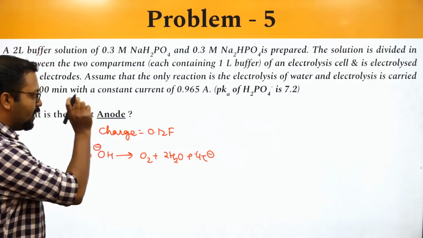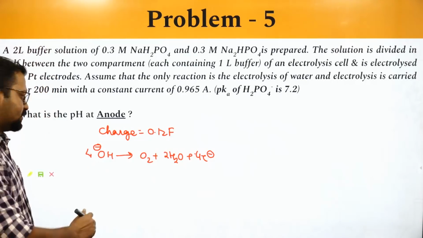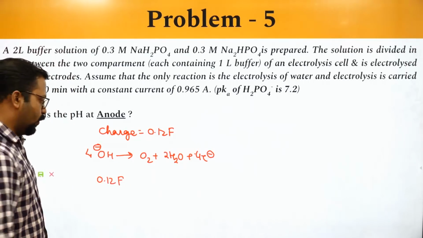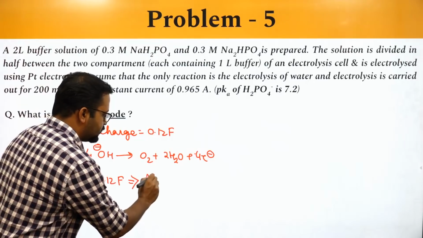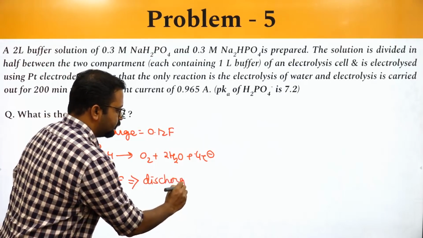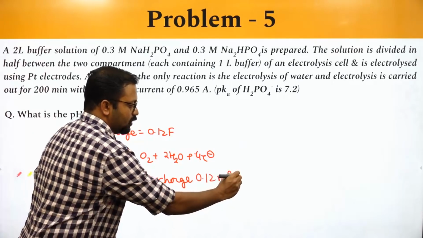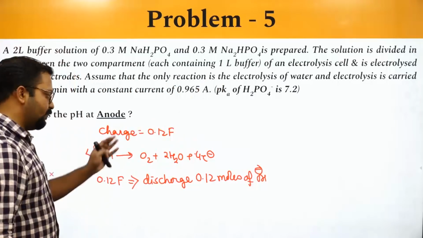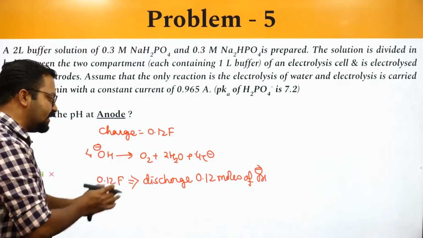So for each mole, 1 Faraday is required. So 0.12 Faraday will discharge 0.12 moles of OH minus. Now if OH minus is removed, what will be present in the medium? What would be present in the medium?